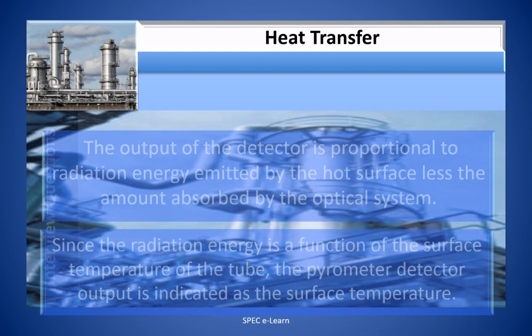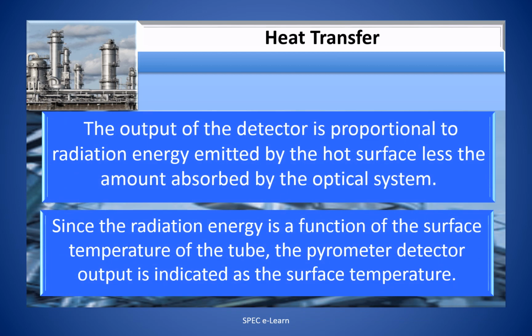The output of the detector is proportional to the radiation energy emitted by the hot surface less the amount absorbed by the optical system. Since the radiation energy is a function of the surface temperature of the tube, the pyrometer detector output is indicated as surface temperature.